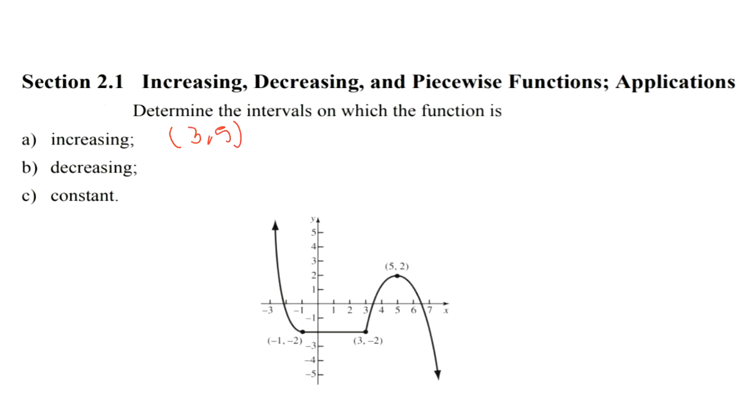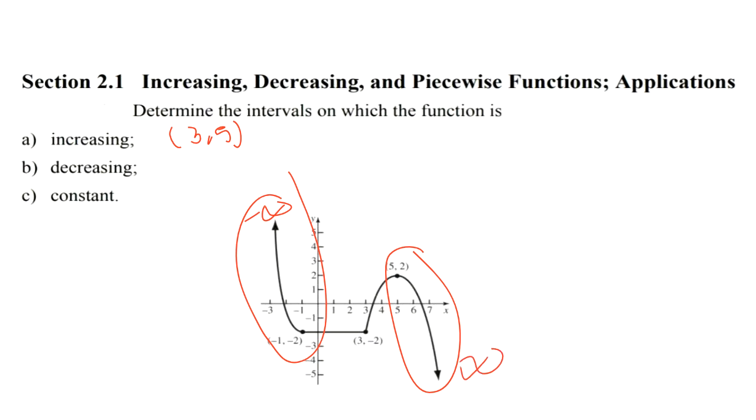Now I'm going to do decreasing, and it seems like there are 2 areas of the graph that are decreasing. So here and over here. Now this arrow is continuous, so it's not a point. This is your negative infinity, and this is your positive infinity. So if I'm decreasing from here, I'm starting at negative infinity and I go down.